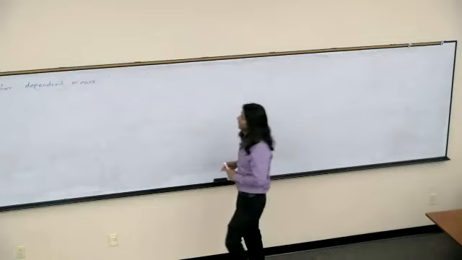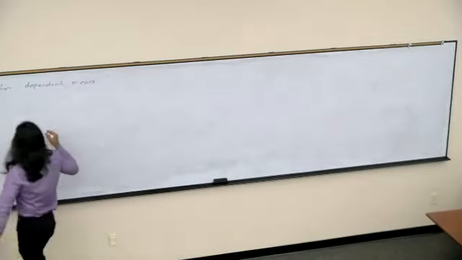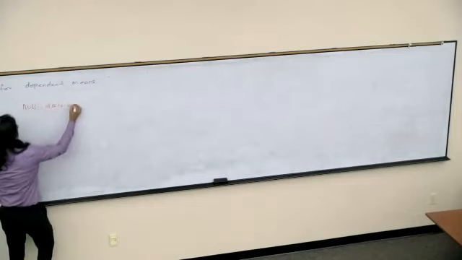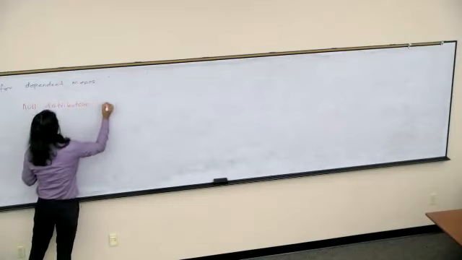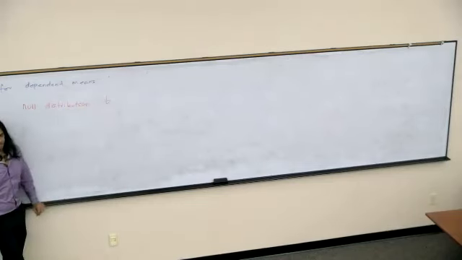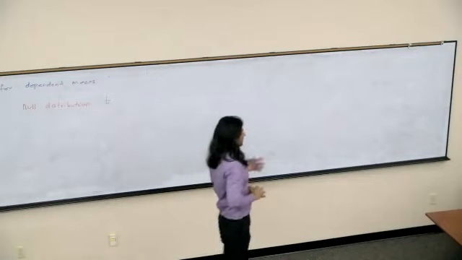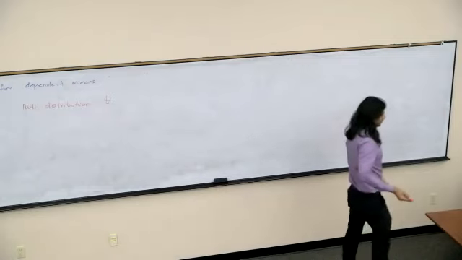So a t-test for dependent means will have a null distribution that is t. The null distribution that we have seen so far is a standard normal.